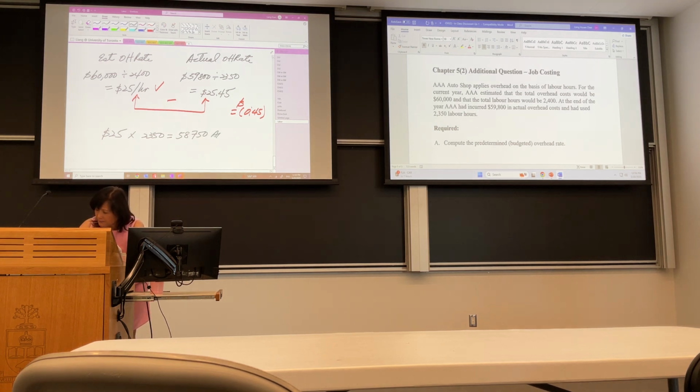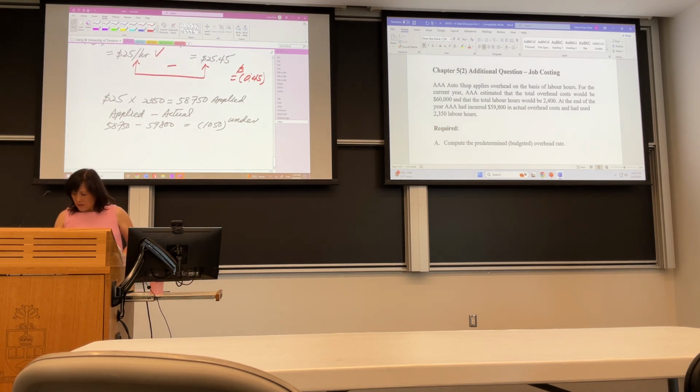This is applied, minus the actual, 58,750 minus 59,800. This is 1,050 under applied. Remember earlier I said 0.45 an hour under applied times 2,350, that's 1,050 under applied.